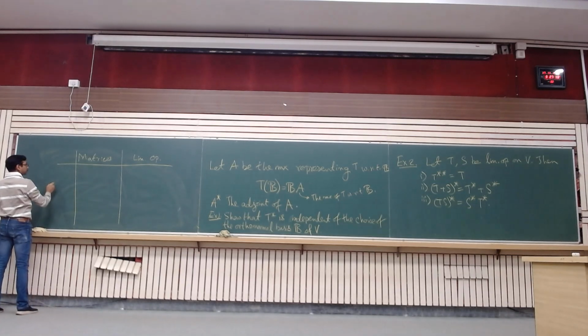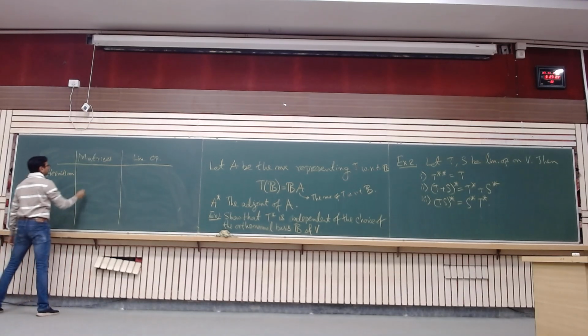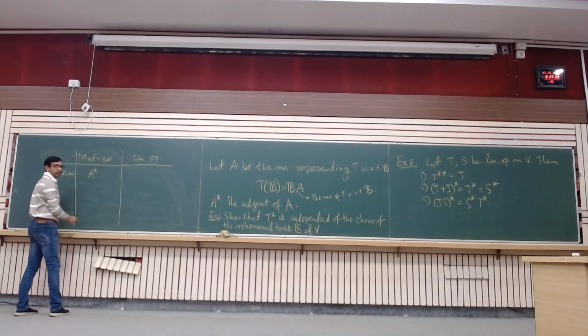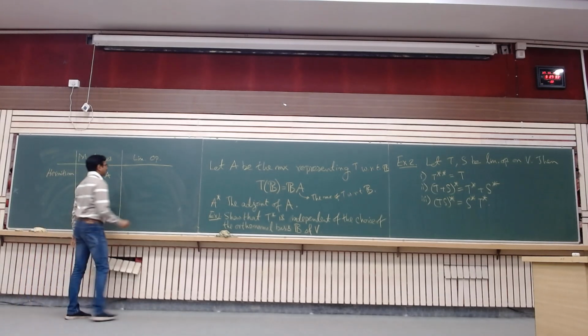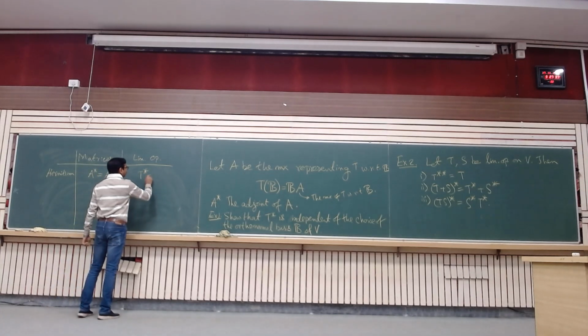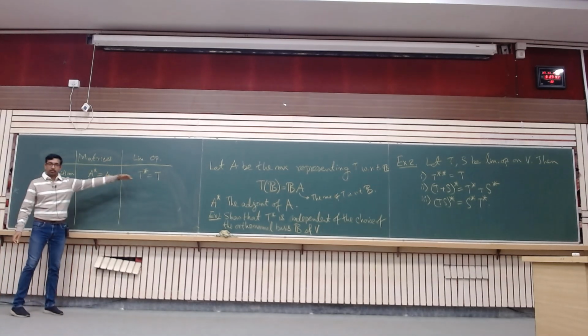Maybe at first Hermitian. A square matrix is Hermitian if A star is equal to A. Similarly, we call a linear operator Hermitian if T star, the adjoint operator, is equal to T. We are just extending the notion from matrices to linear operators.